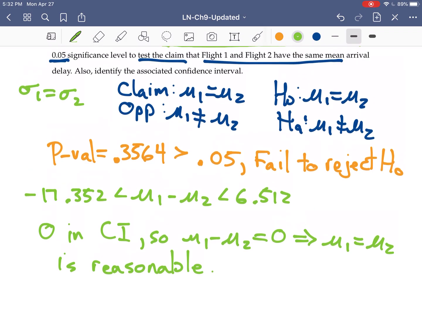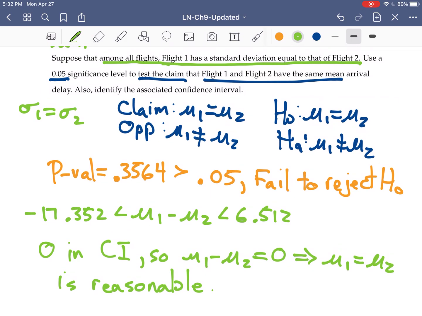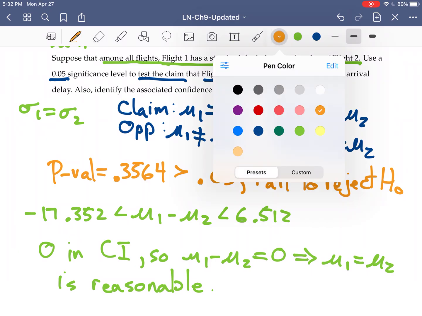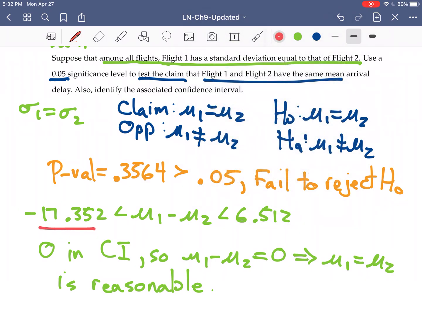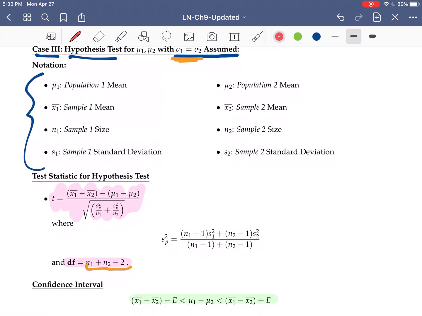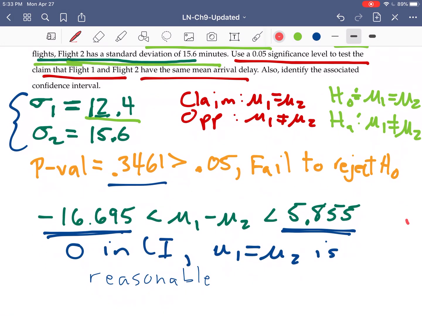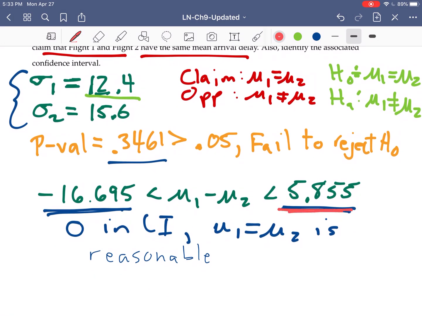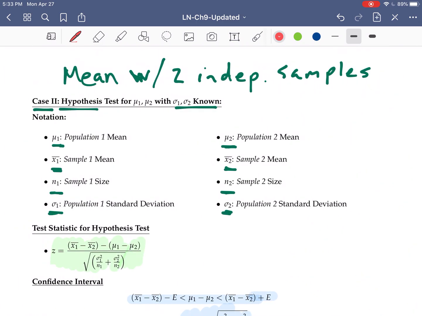Again, if we look at these values in our confidence interval and our p-values, negative 17.352 and 6.512, and compare them back to our two previous times we've done this example, let's focus on just this top one, 6.512. The last time we did this example, instead of 6.512, we had 5.855. So that's maybe not so different.